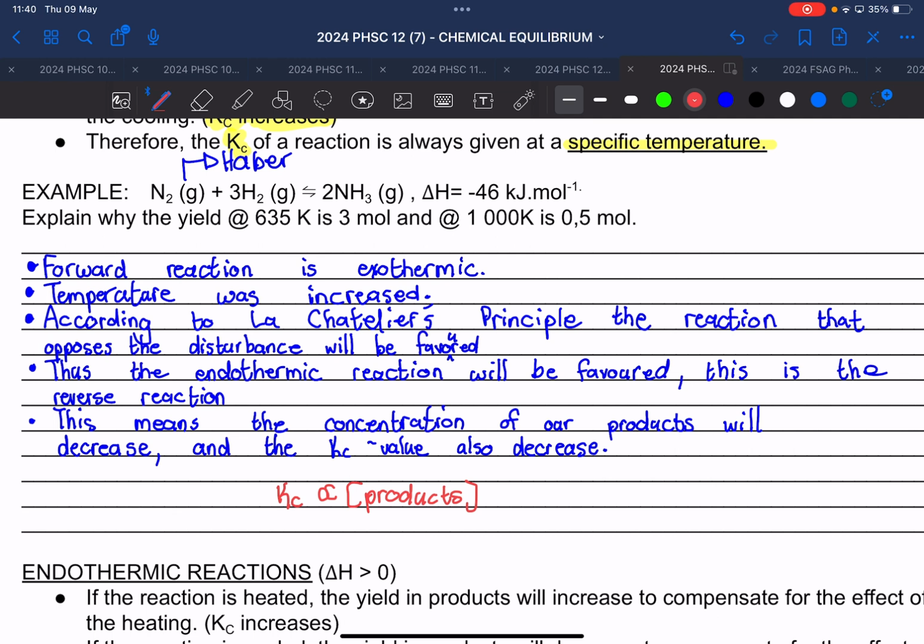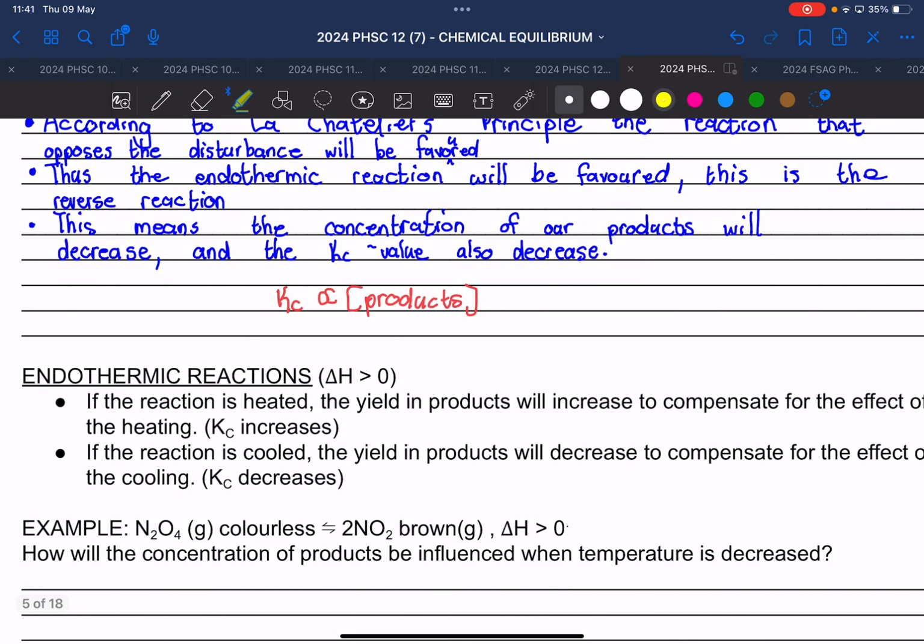So let's just quickly, I'll put it on the screen again now. Let's just quickly go through the endothermic reaction as well.